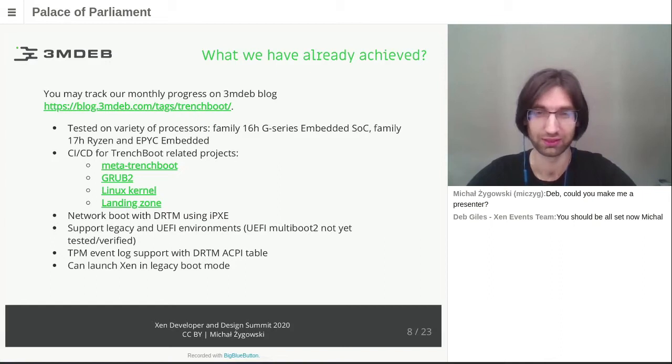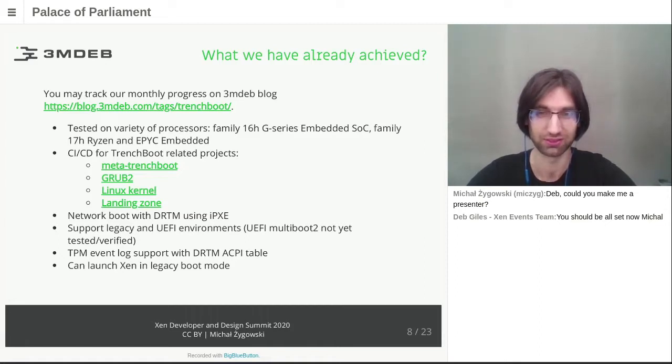We have also made DRTM available via network boot using iPXE. We also support some legacy and UEFI environments, but UEFI multiboot2 is not yet tested and verified.